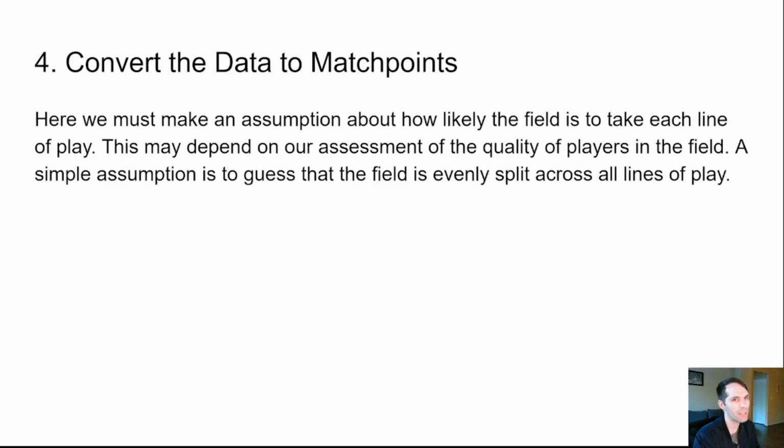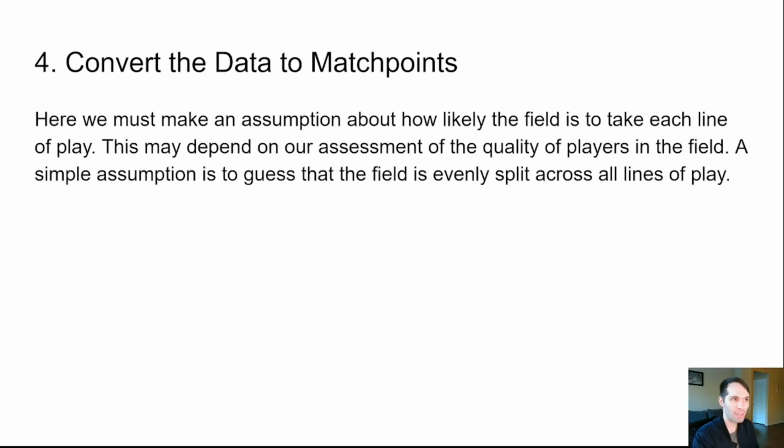And this is a hard concept for a lot of bridge players to understand, because sometimes it's difficult to convert from just, hey, I think I'm going to take about 10 tricks on this hand, to, oh, that's going to equate to earning 2.5 match points on the board. But we can do this, given the table that we had, as long as we make another assumption of how likely the field is going to be to take each line of play.